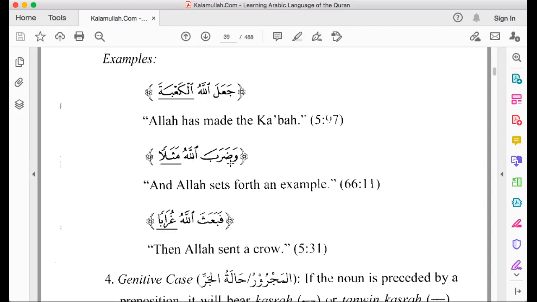Allah is the one that set forth this example, and mathalan is the example itself. So actually the word daraba means to strike. So Allah strikes the example. Okay, that's a direct translation. So mathalan is the object, which is why it bears that double fatha at the end.